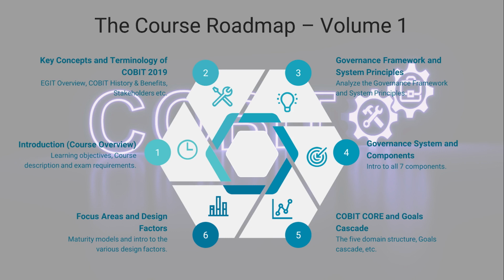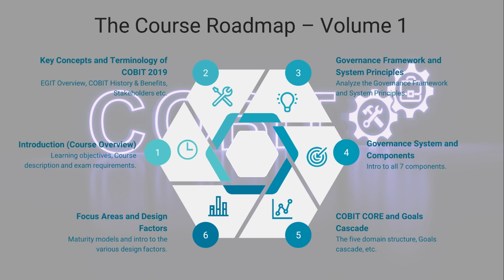So module number 2 talks about EGIT, why it's essential for organizations, and how they can benefit from enterprise governance of IT. We'll also explore the COBIT framework, an introduction, by going through the history of COBIT, the key benefits of COBIT as a framework in the context of governance and management, and then we'll talk about some of the key stakeholders, both internal and external, that are part of the COBIT framework.